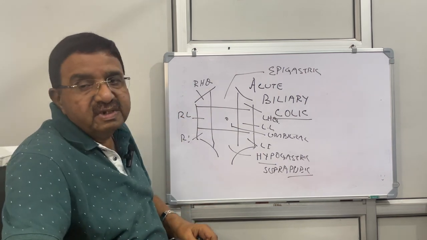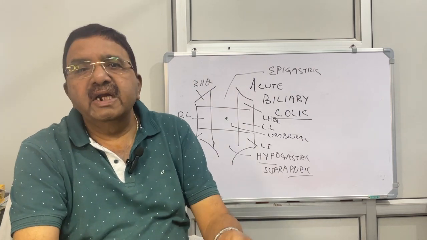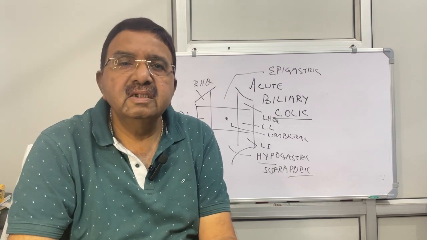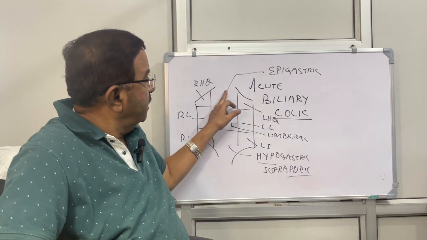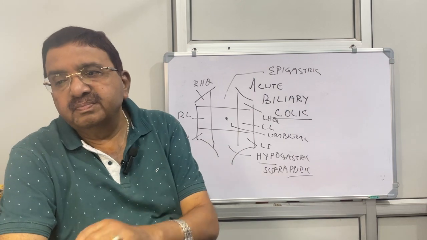So the patient presents with dull ache or spasmodic pain, which may be steady or intermittent, and it is present in the upper abdomen, may be in the epigastrium, usually in the right hypochondrium.